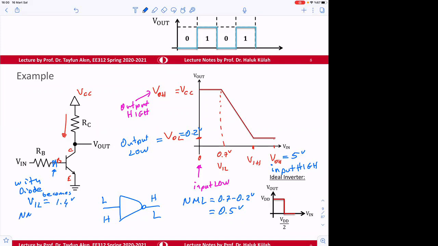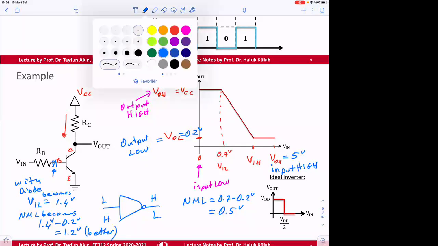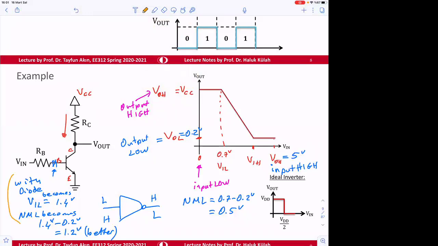Therefore, noise margin low becomes 1.4 volts minus 0.2 volts, which is 1.2 volts, which is better. So this is just in parentheses what we can do, with the help of a diode.